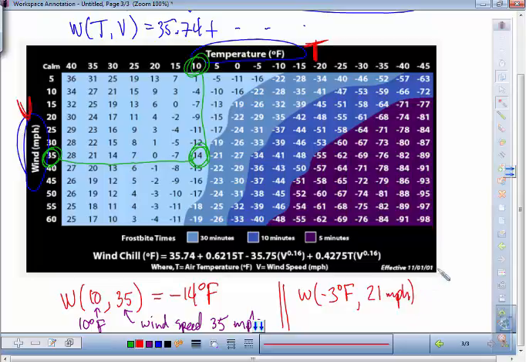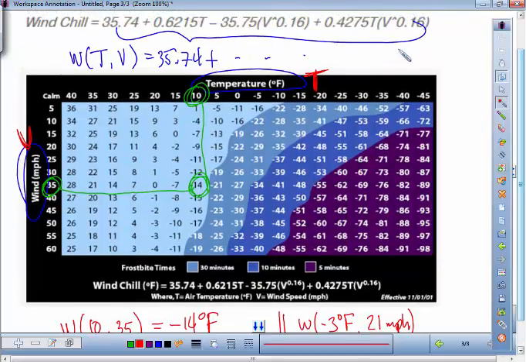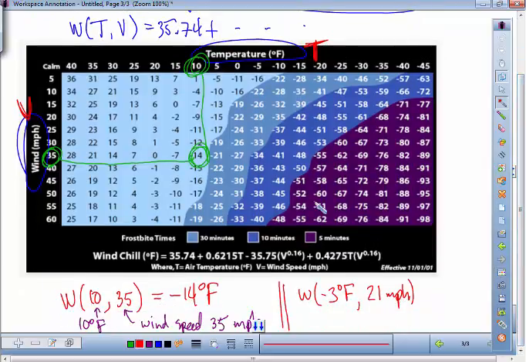Our table goes by increments of 5, so if we have something a little bit more precise, like -3 degrees Fahrenheit for your temperature and 21 miles per hour for the wind speed, you're going to have to do some interpolating here, right? Well, you could also plug those numbers into the formula, but who'd want to do that? So if you have a table, you can kind of make a guess. -3 degrees would fall somewhere over here, and 21 would be over here somewhere.